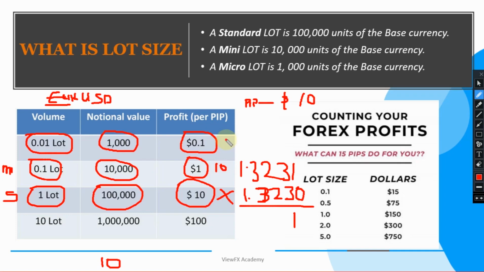But if you have $10 and you're trading micro lot size, 10 pips against you will be minus $1.